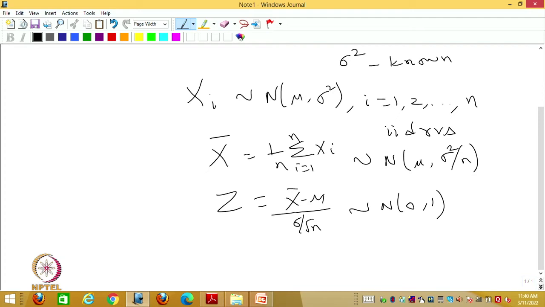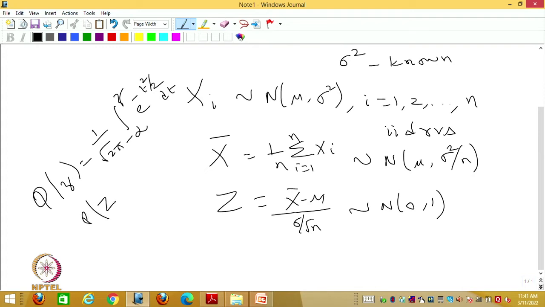Now, what I can do is a very important concept. If I define psi of z as 1 divided by square root of 2 pi, integration from minus infinity to z of e power minus t square by 2 dt, this is nothing but the probability that capital Z, the standard normal random variable, is less than or equal to small z.